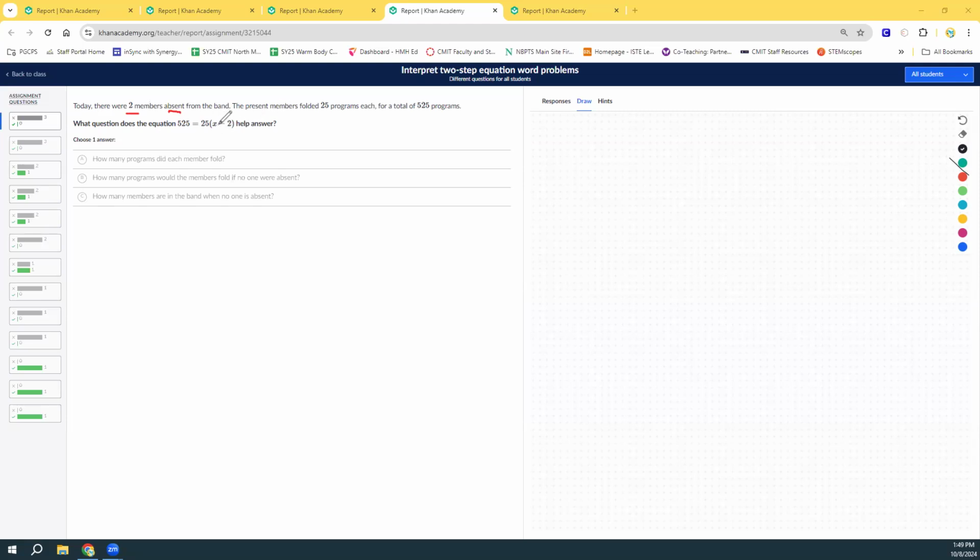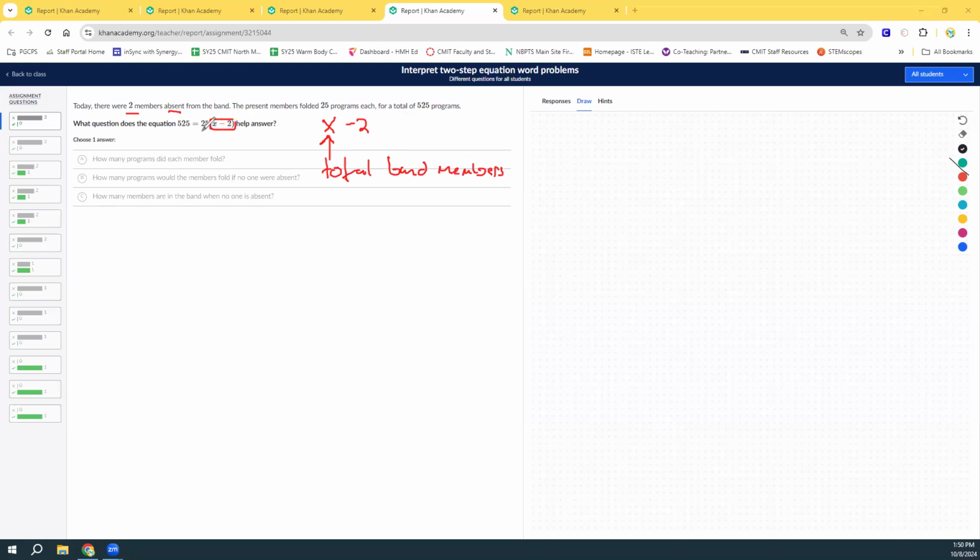And so what would we be subtracting? I think we would be subtracting 2 from the total band members, right? So the first thing I wanted to do there was figure out what X represented. And it represents total band members. So now when I subtract 2, that's the band members that are there.